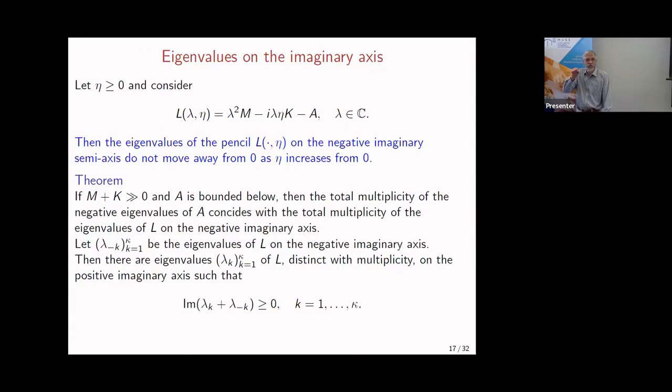In other words, for each eigenvalue on the negative imaginary axis, you compare it with an eigenvalue on the positive imaginary axis, and that eigenvalue is at least as far away from 0 as the eigenvalue on the negative imaginary axis. And these must be distinct with multiplicity. So, for example, if lambda k has multiplicity 2, then that lambda k can occur twice.